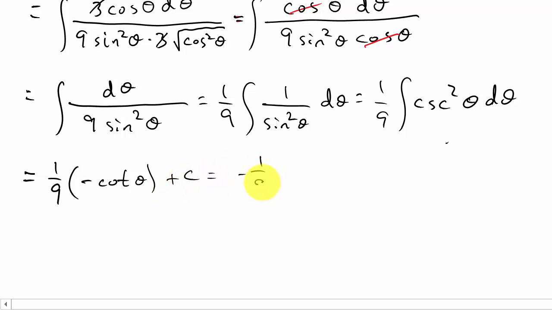That gives us negative 1/9 cotangent theta plus c.